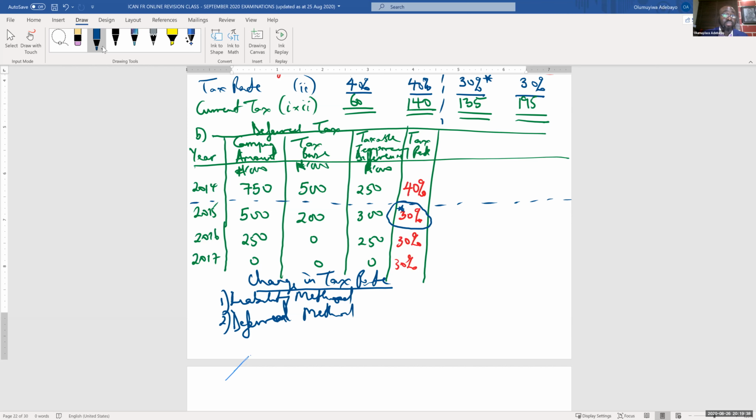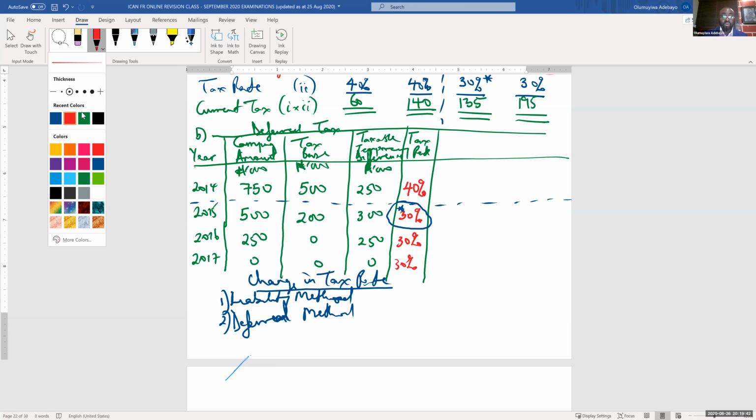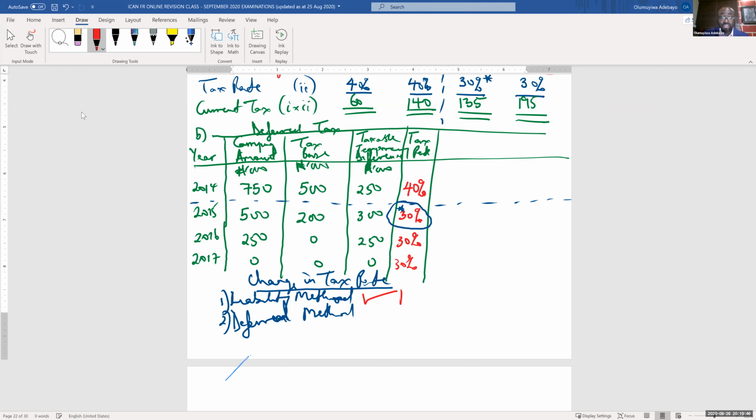But in line with the provision of IAS 12, only the liability method is permitted, while the deferral method is not permitted. It's not allowed. Okay, which means you must take note of that.